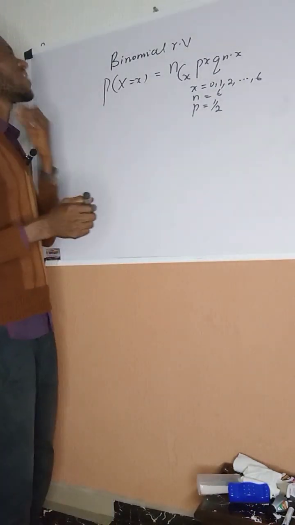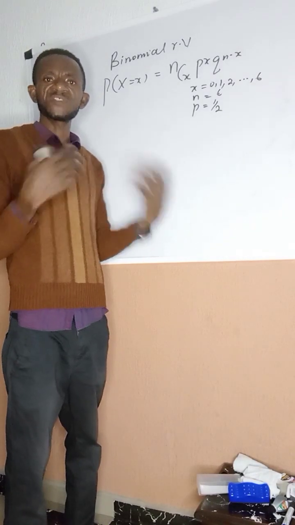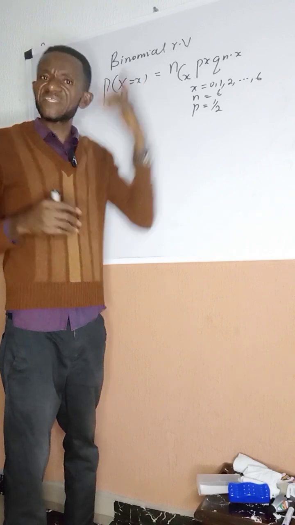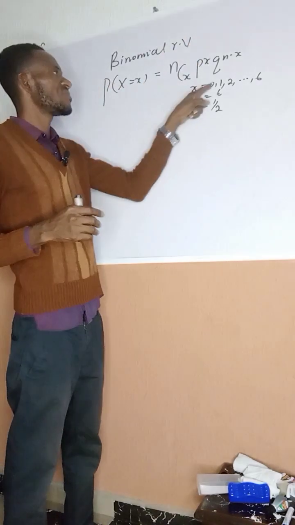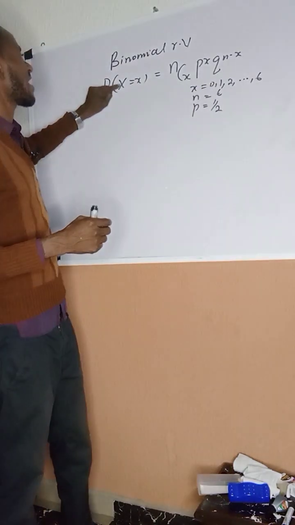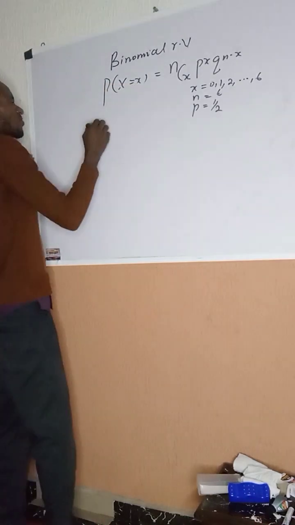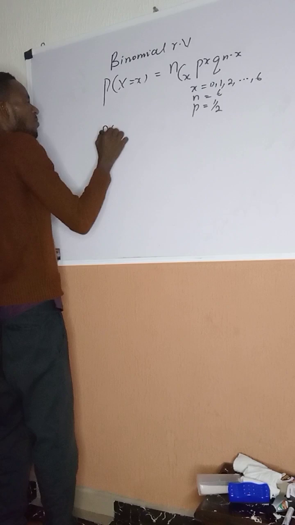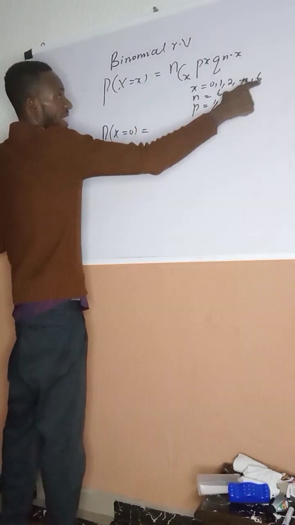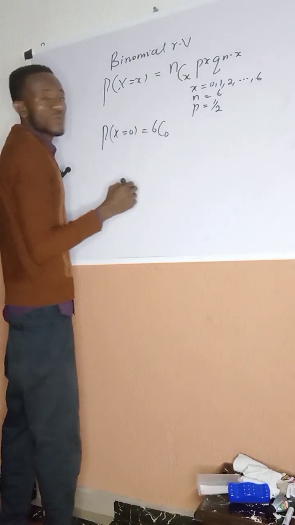So somebody will now ask you, what is the probability that after this throwing of a coin up to 6 times, the person gets no head? If the person gets no head, it means the person has gotten 0 heads. And you are saying the probability that this random variable x takes the value 0. So in that case, you are going to say P of capital X equals 0 is given as: here is my n, and my n is 6. 6 combination 0. My p is given as 1/2 here.